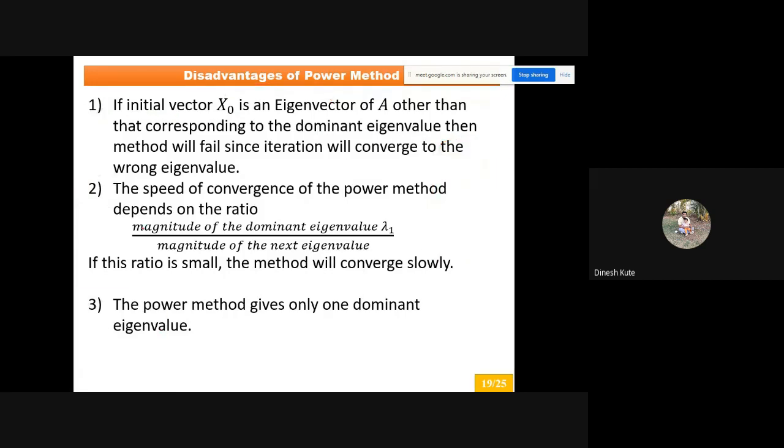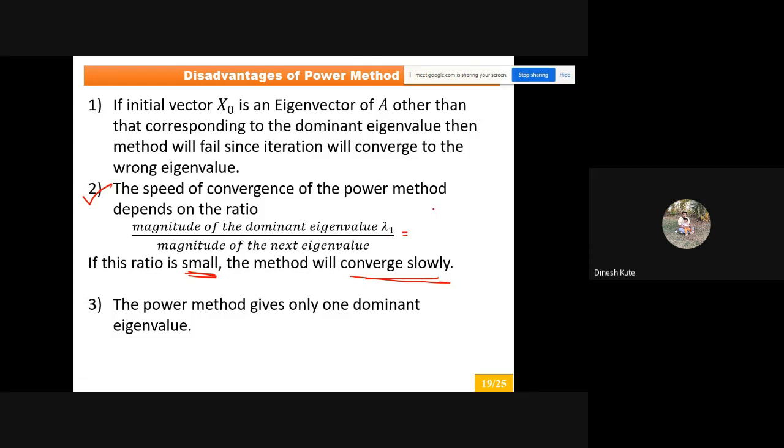The second statement gives the condition for the speed of convergence. If the ratio of the magnitude of the dominant eigenvalue to the magnitude of the next dominant eigenvalue is small, then the method converges slowly. It means you need more iterations for convergence, and if this ratio is large, then maybe within 3 or 4 steps you will get convergence of the power method.